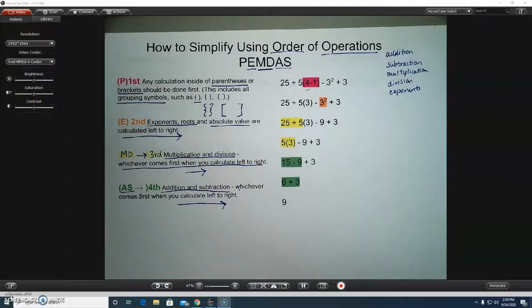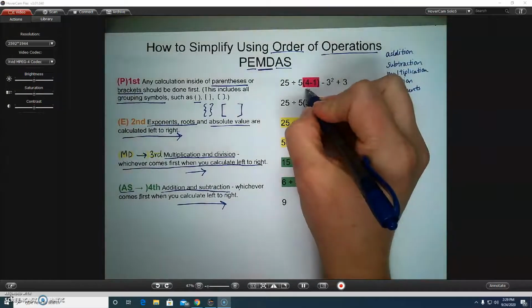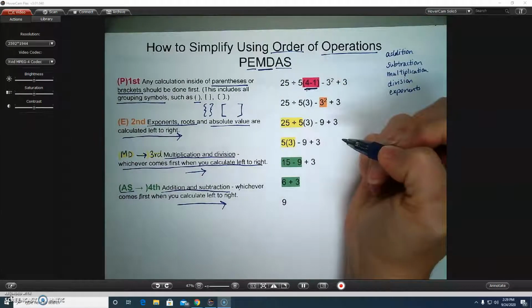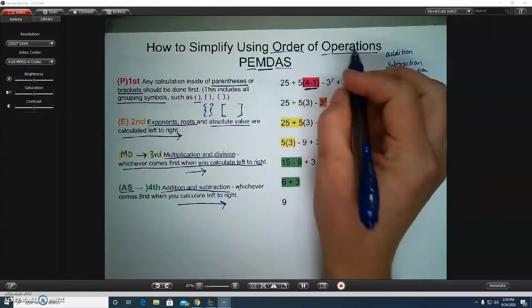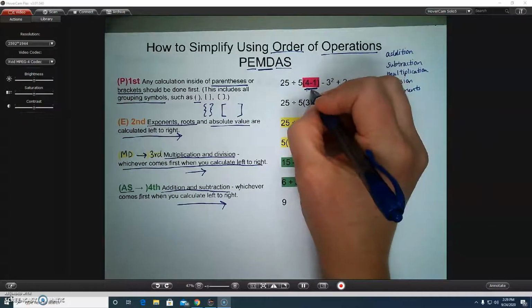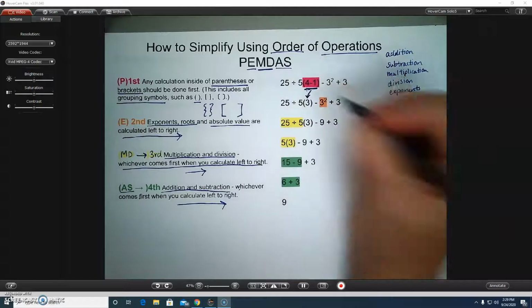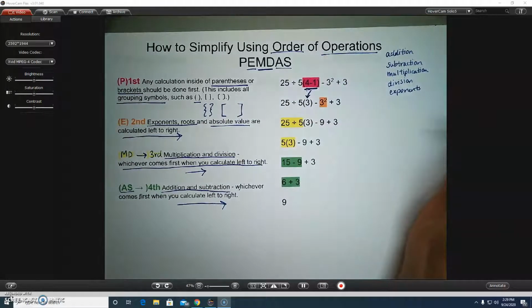And you're going to get more and more into those exponents this year and next year. So this first one right here, I have 4 minus 1. I need to do that first because that is actually an operation that is occurring. So 4 minus 1 is 3.